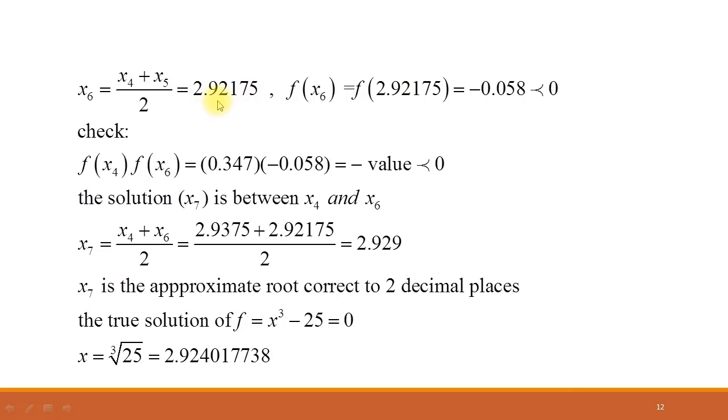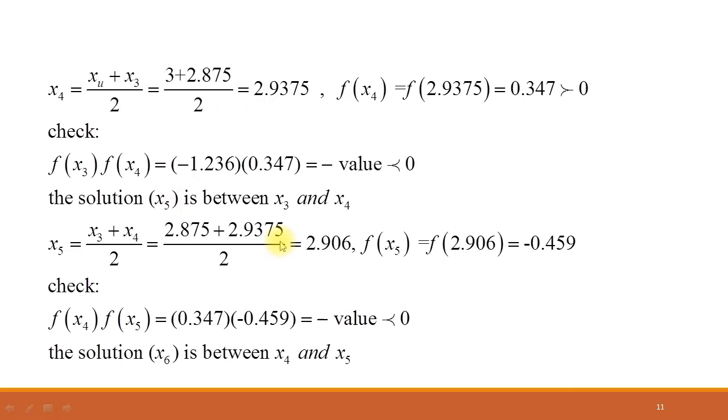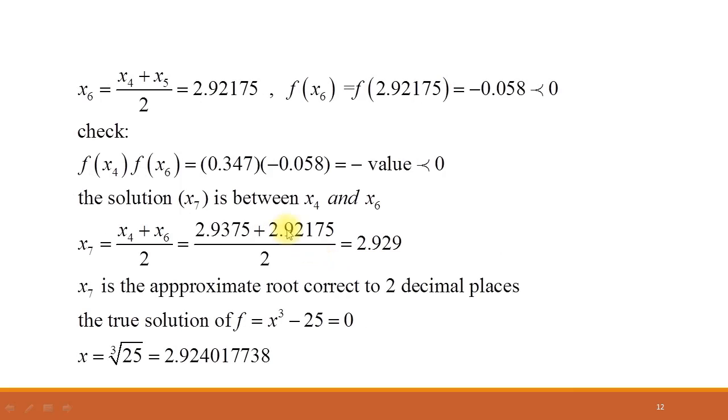Adding x4 and x5 divided by 2, we obtain 2.92175. And if we want to find the next root x7, dear students, first of all note that at x6 we obtain 2.92, and at x5 we obtain 2.90, and we want to find the root of the equation correct to 2 decimal places. So we need to find more roots. Suppose we want to find x7.